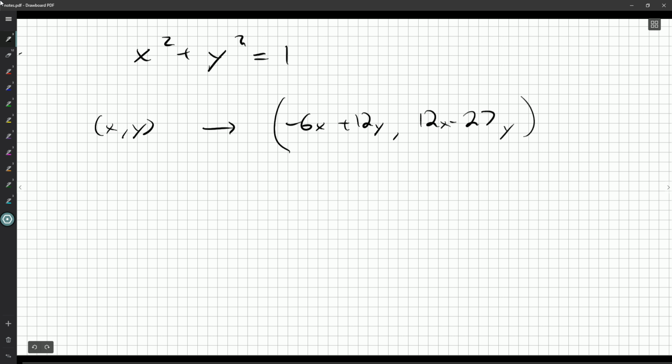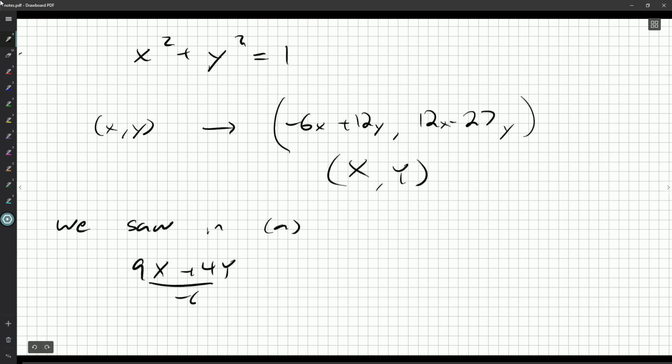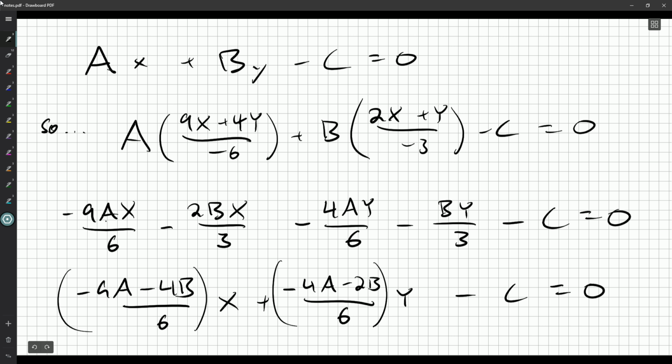And I called those capital X's and Y's. We also just saw in part A that 9X plus 4Y over minus 6 is x, and 2X plus Y over minus 3 is y. Let's double check those. Yep.